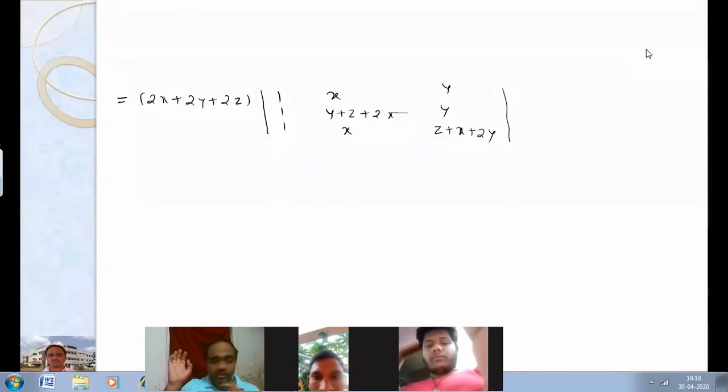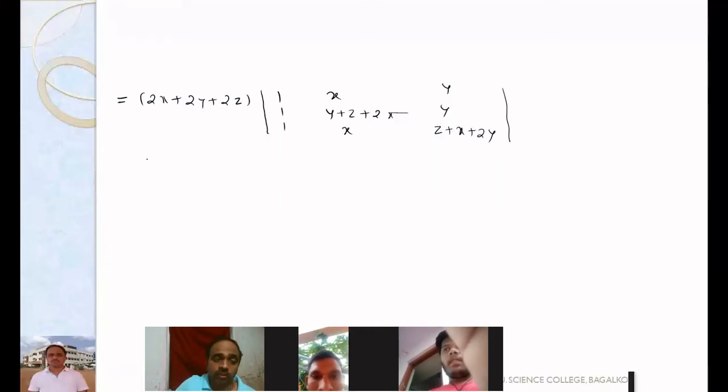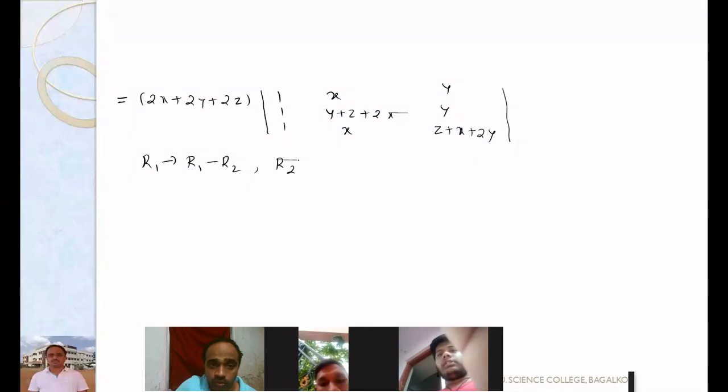So now R1 changes to R1 minus R2, and at the same time R2 changes to R2 minus R3.